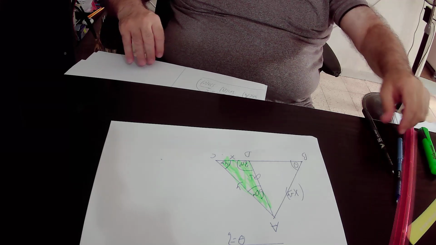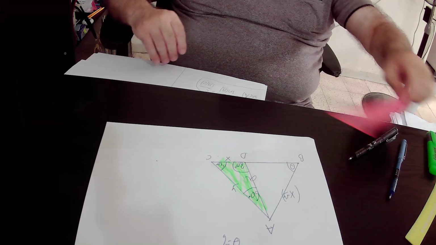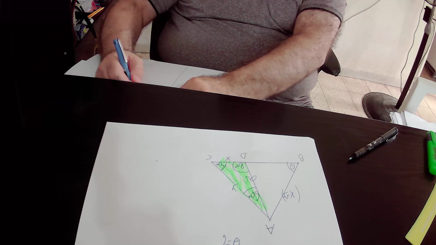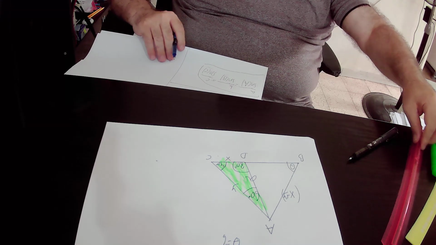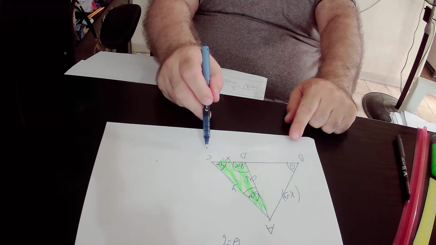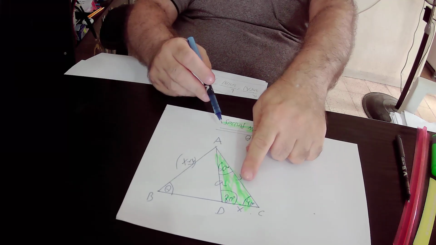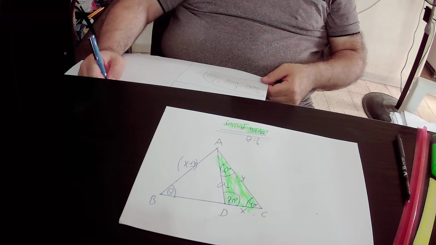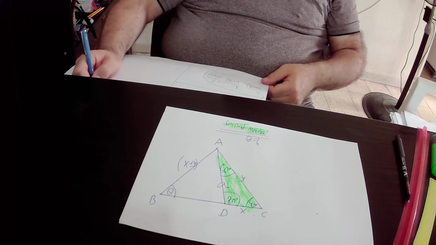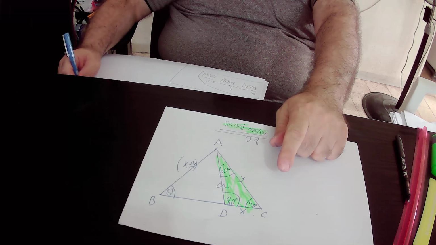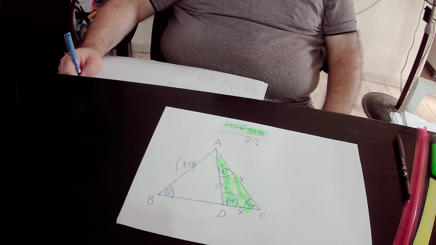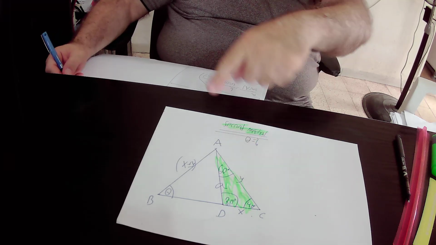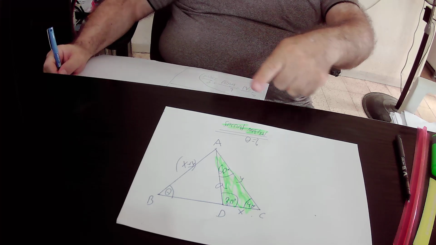In the green triangle ADC, according to the law of sines, we get that DC over sine 60 degrees equals AC over sine 80 degrees, and it is equal to AD over sine 40 degrees.